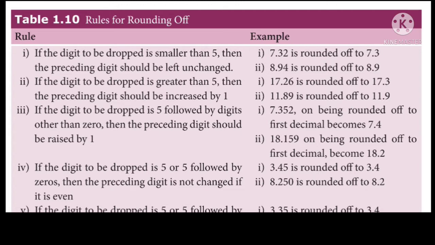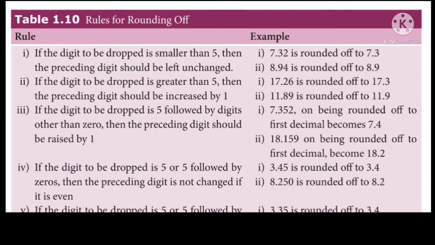Here the least significant digit is 2, and we have to check whether this number is less than 5, greater than 5, or equal to 5. This number 2 is less than 5. If it is less than 5, we leave this number and write the remaining number as it is. Likewise, we can round off the given number.